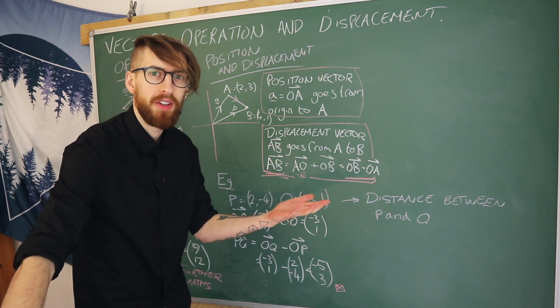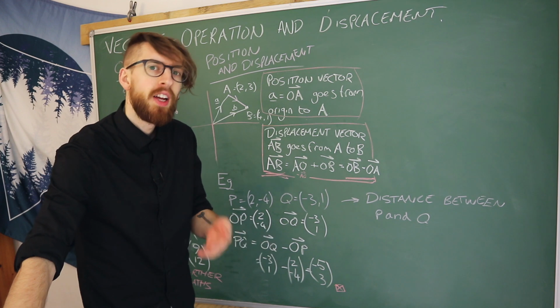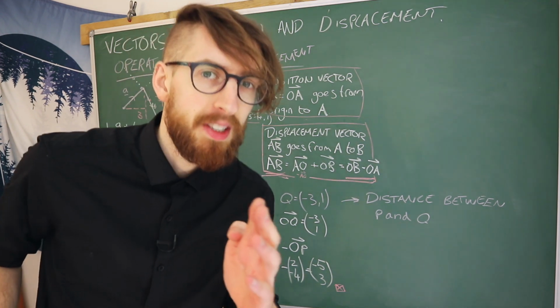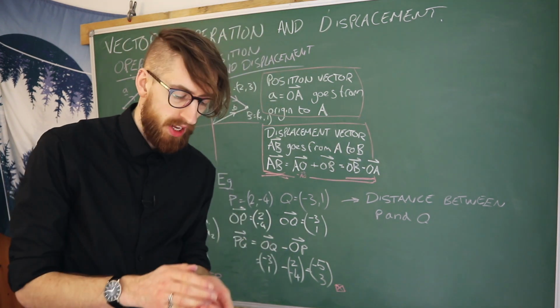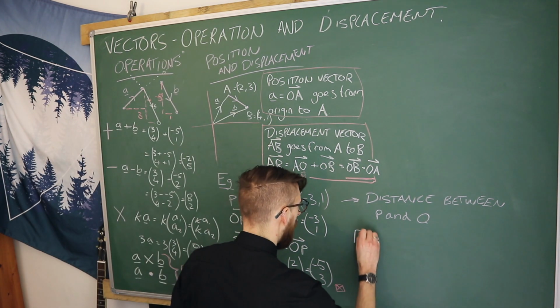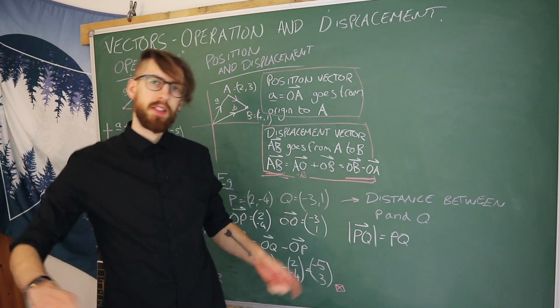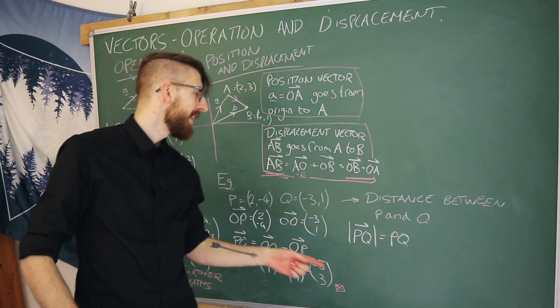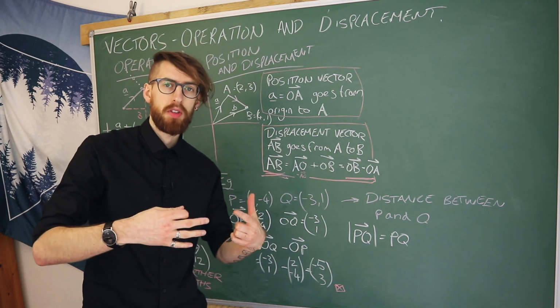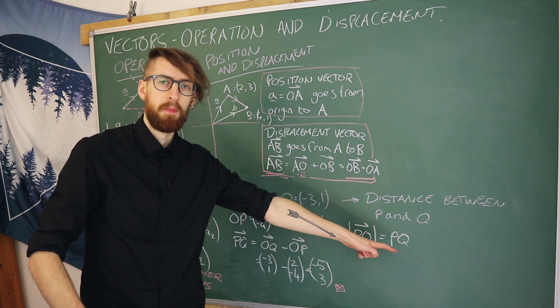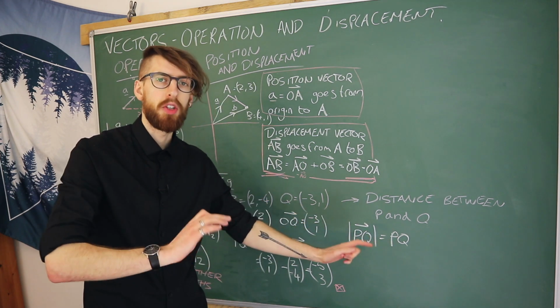That's the magnitude of the vector PQ, essentially. So, because it's a displacement vector, we've got a different way of writing it. That looks like this. Notice what we've done here: the magnitude of the vector PQ, we're just going to write it as PQ, like that. No lines, no anything, it's just PQ.